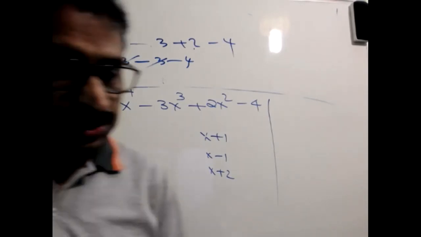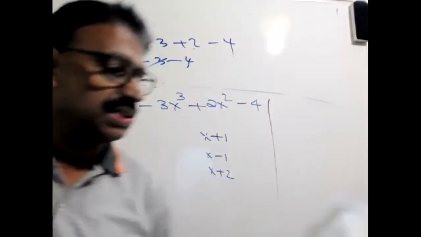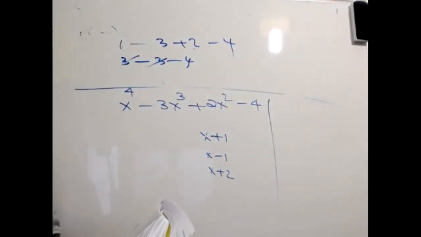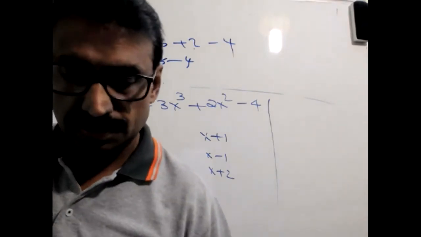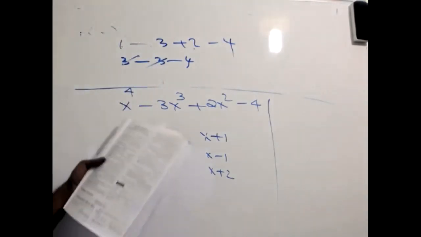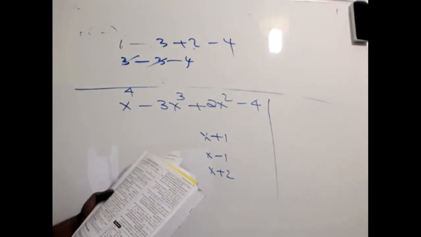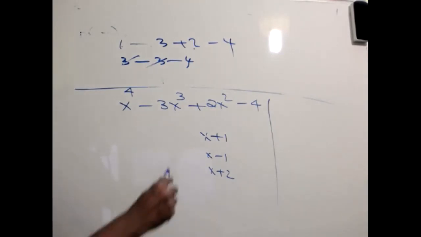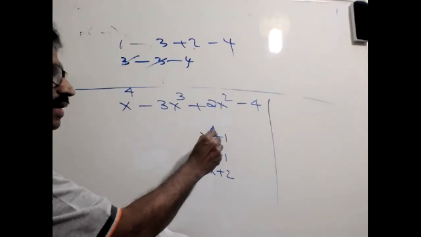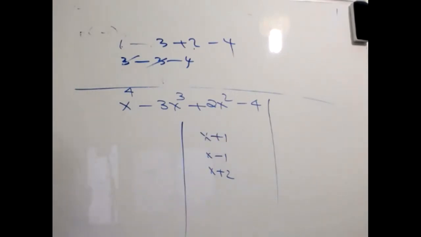Oh, I wrote the question wrong. What is the question? X raised to 4 minus 3x cube plus 2x square minus 4. What was the first question? X plus 1. Okay, I'll try again.